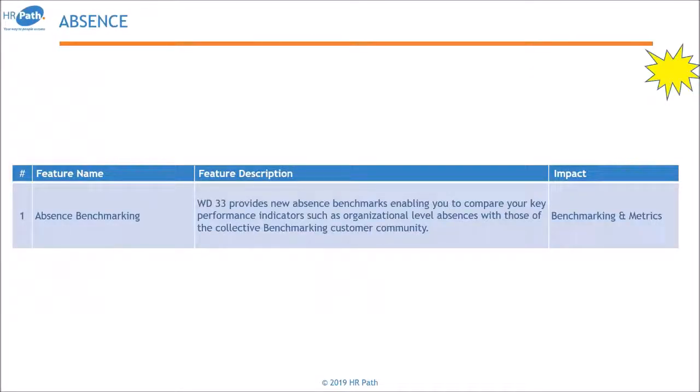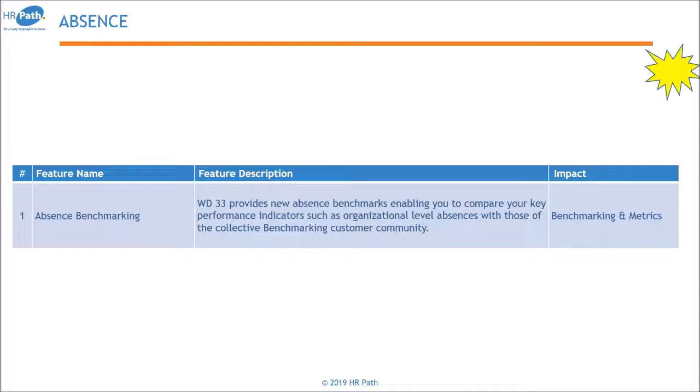That is quite a big breakthrough for Workday. As you may already know, Workday benchmarking, available since Workday 29, enables you to compare your company's important metrics with other Workday customers, all within your tenant. It currently offers more than 70 benchmark metrics across four functional areas: HCM, financial, recruiting, and Workday usage.